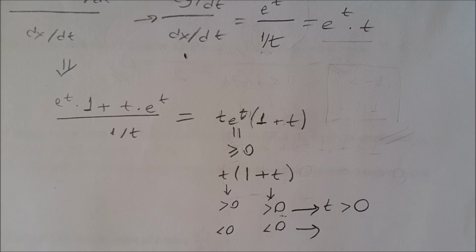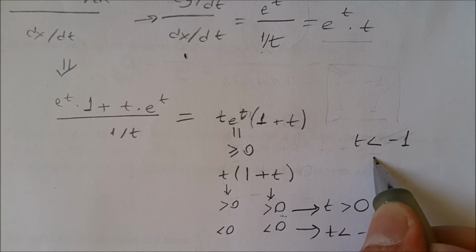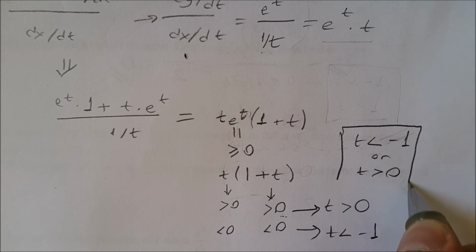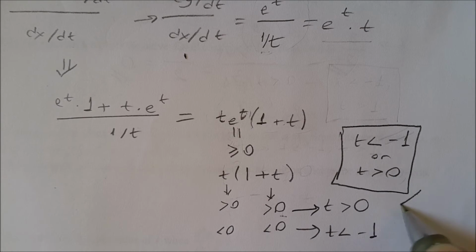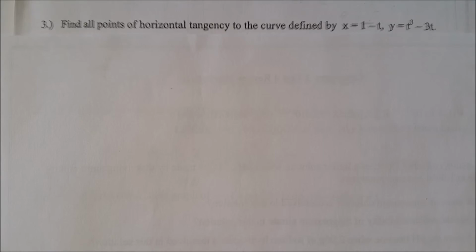And if we want both of them negative, then t should be smaller than negative 1. So our interval is either t is smaller than negative 1 or t is greater than 0. On that interval, this expression will be positive, so the curve that we were given will be concave up, since this is the second derivative.